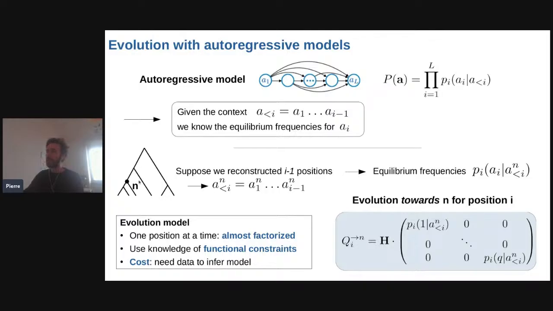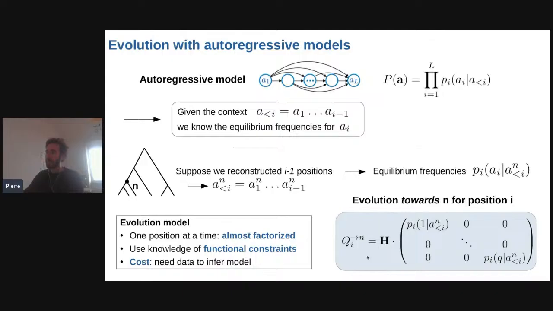So suppose that for all of the tree and for all of the internal nodes, I managed somehow to reconstruct all of the sequences, but only at the I-1 positions. Then for all of the internal nodes, I also have the equilibrium frequencies that site I should take.